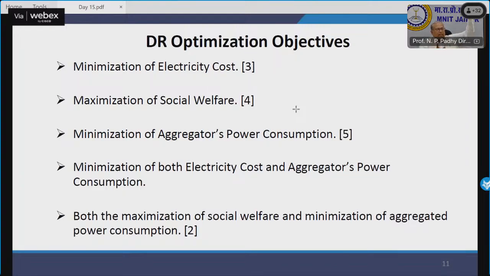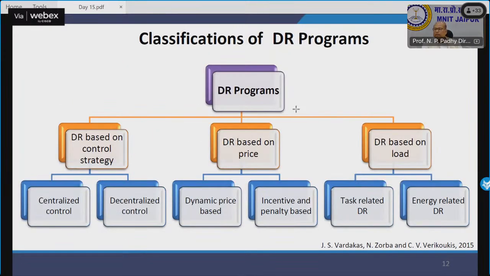I will see how cheaply I can buy energy and how costly I can sell energy. That's how I can make more money and return it back to the society. Minimization of both electricity cost and aggregated power consumption, both the maximization of social welfare and minimization of aggregated power consumption.